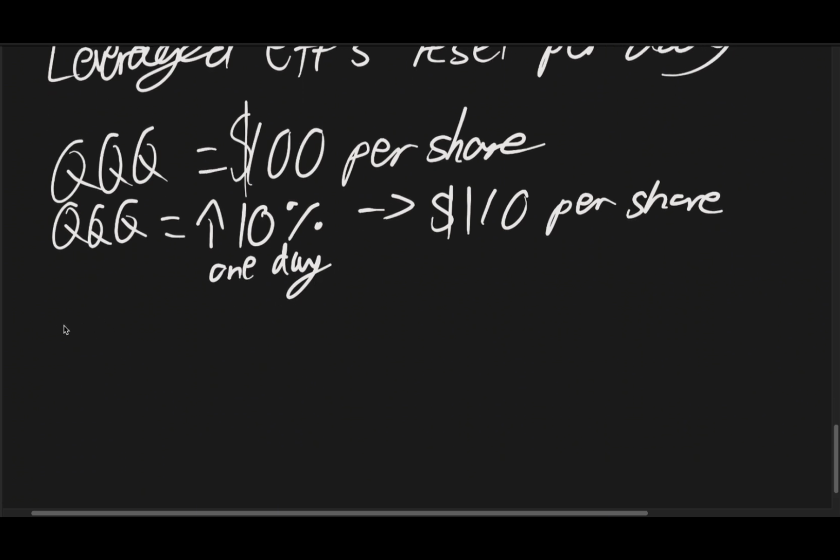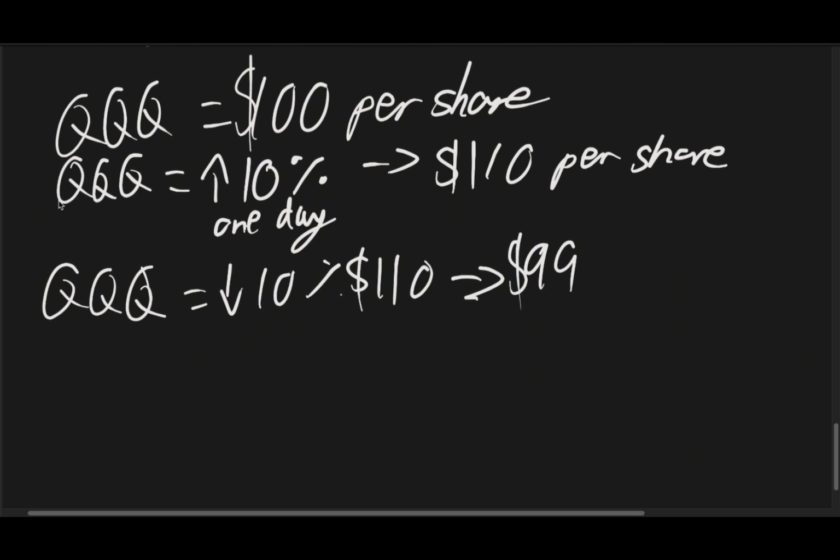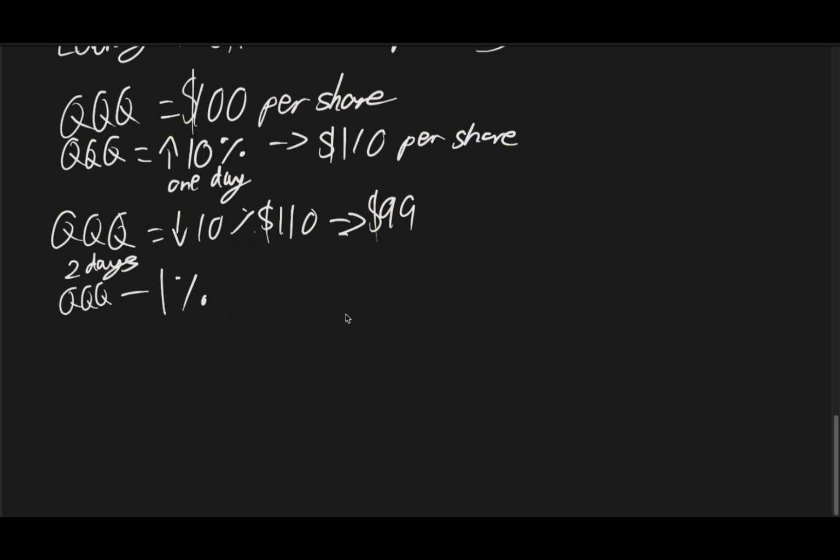Let's say the next day it goes down 10%. Then it goes from $110 to $99. So overall, the 2 days of QQQ have a minus 1% return. Now, let's say we do this, but for TQQQ.